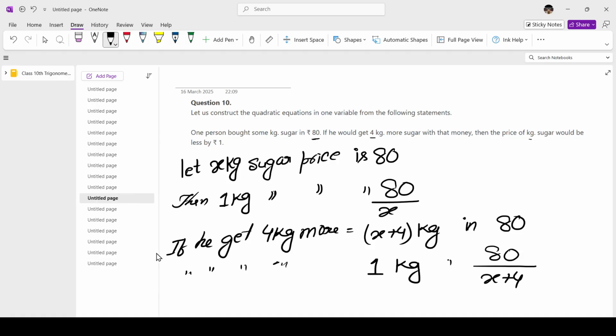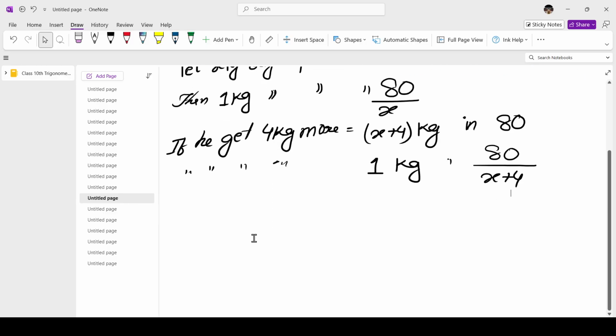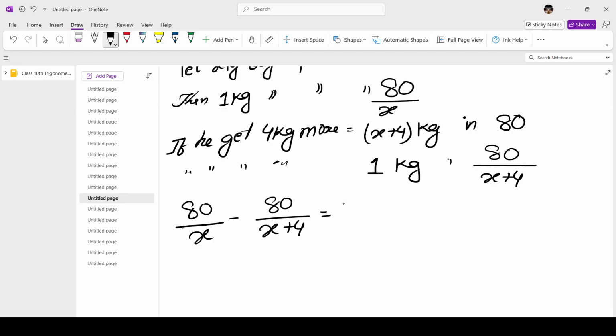Okay. Now the question is that if we get that, then it will be less by 1. So we will do it by 80 by X minus 80 by X plus 4 equals to 1.